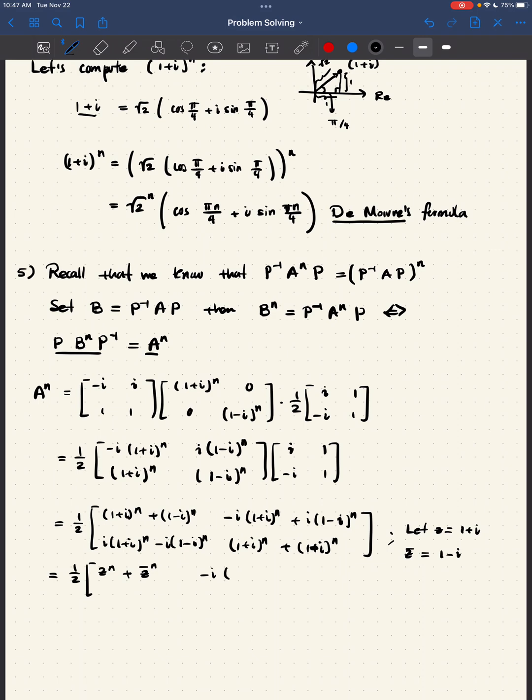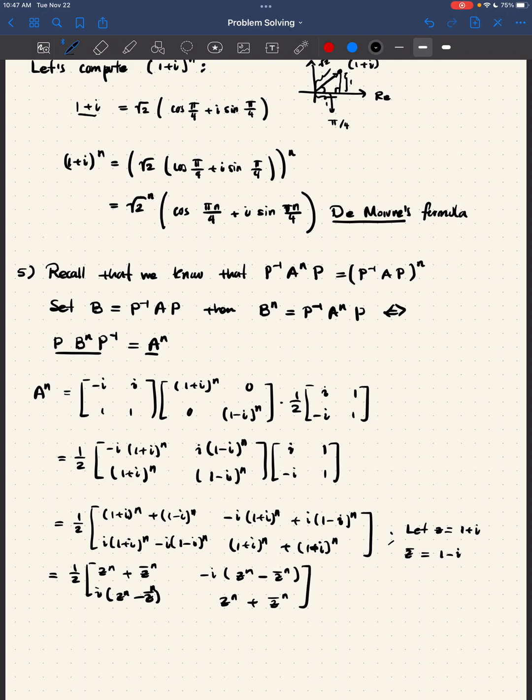Factor in i, we have z to the n minus the conjugate of z to the n, and then i times z to the n minus z to the n in conjugate, and then on this one we have z to the n plus the conjugate to the n.